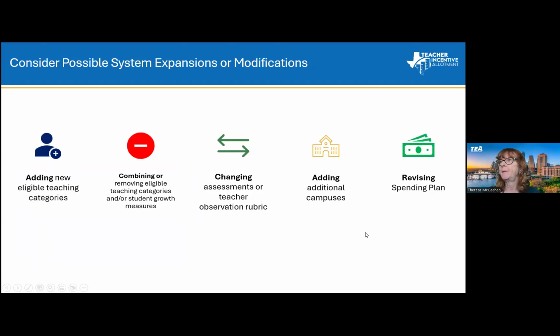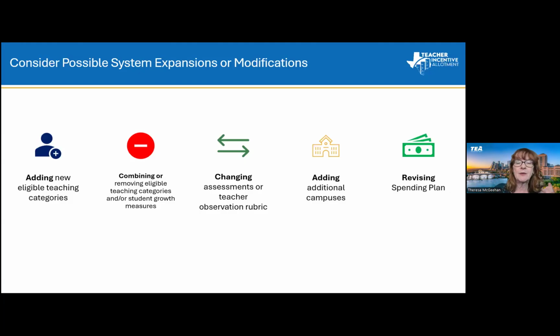So it really is to be able to give districts a chance to modify every year and also expand every year. Here's some things you can do as part of an expansion modification. You can add new eligible teaching categories. That's number one, right? We really want districts to add as many new teaching categories as possible over time. You also can combine or remove teaching categories if some of them are duplicative. We'll talk about that a little bit later. You can change assessments. You can change your teacher observation rubric that you're using.